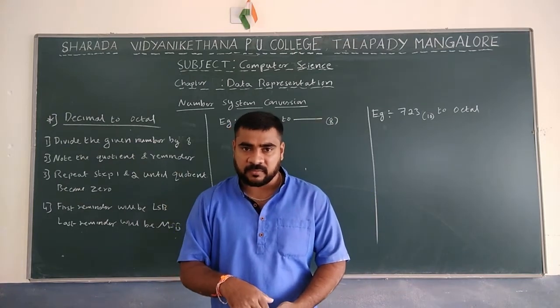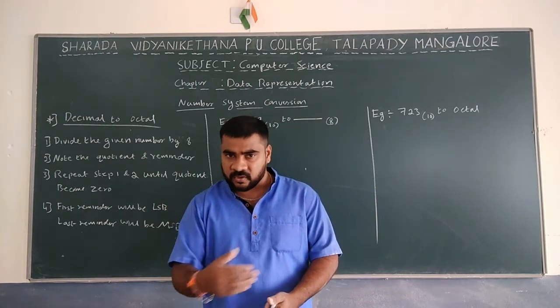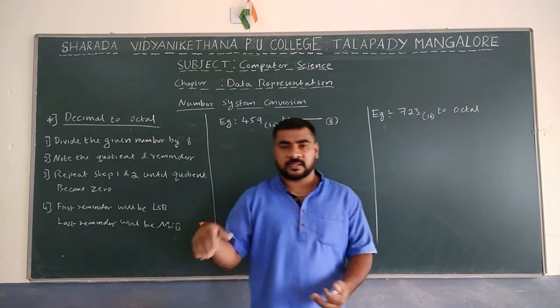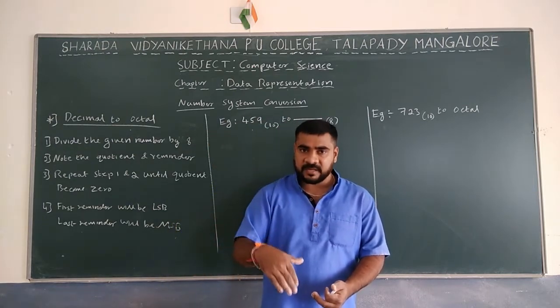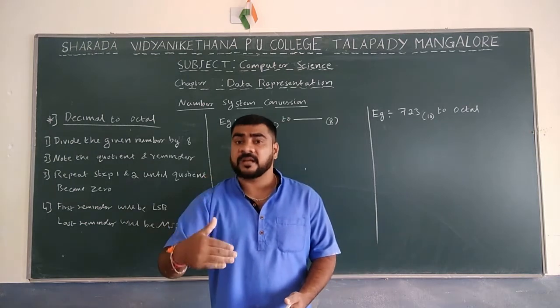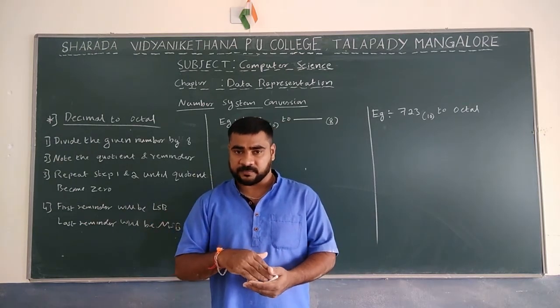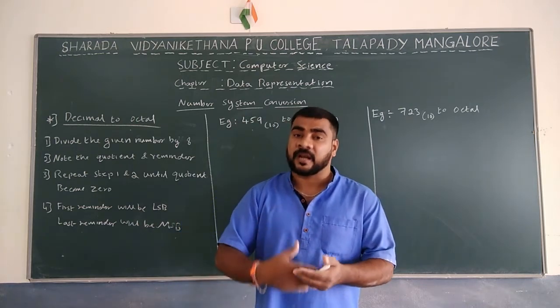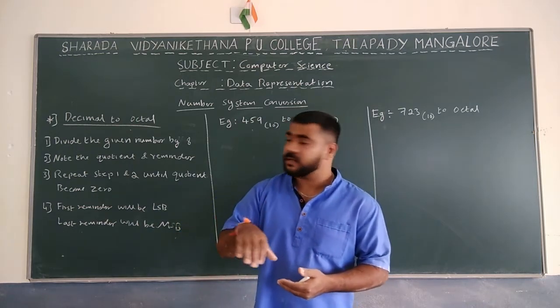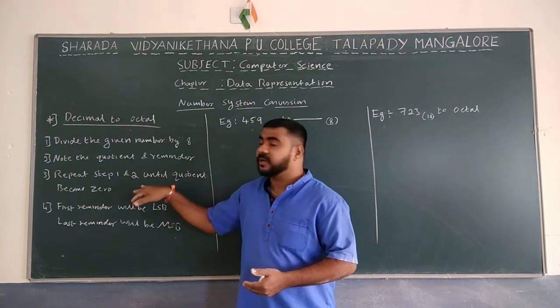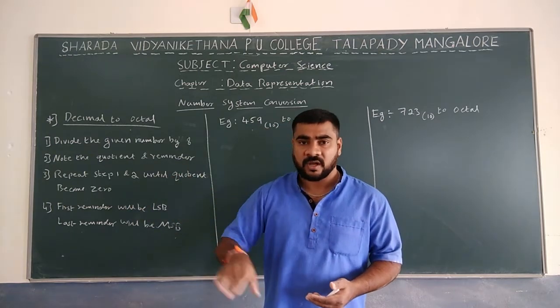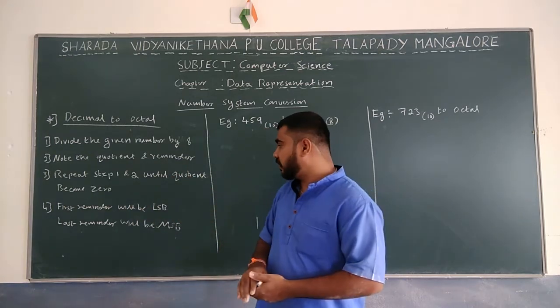Once again take that quotient and divide it by 8, and you get a quotient and remainder. So divide by 8, quotient and remainder, and repeat these two steps until the quotient becomes 0.